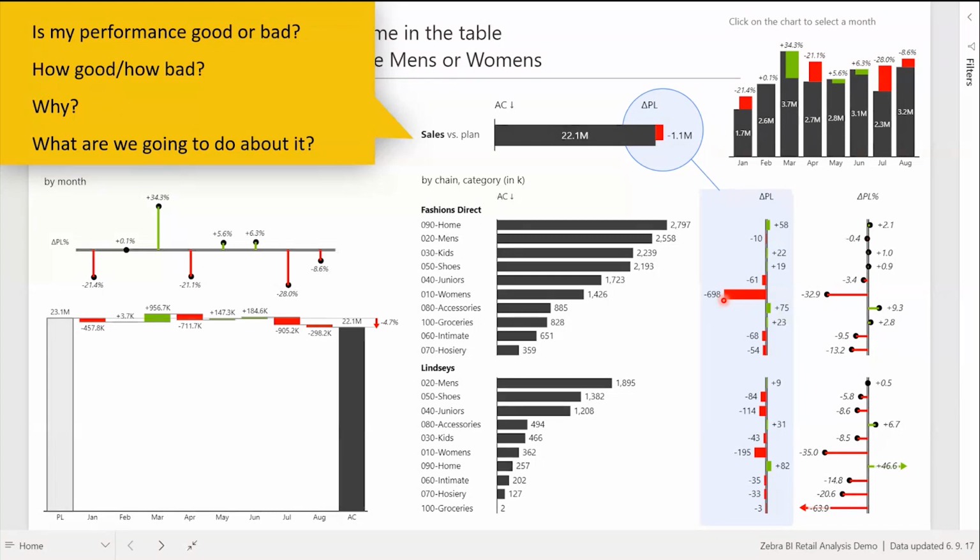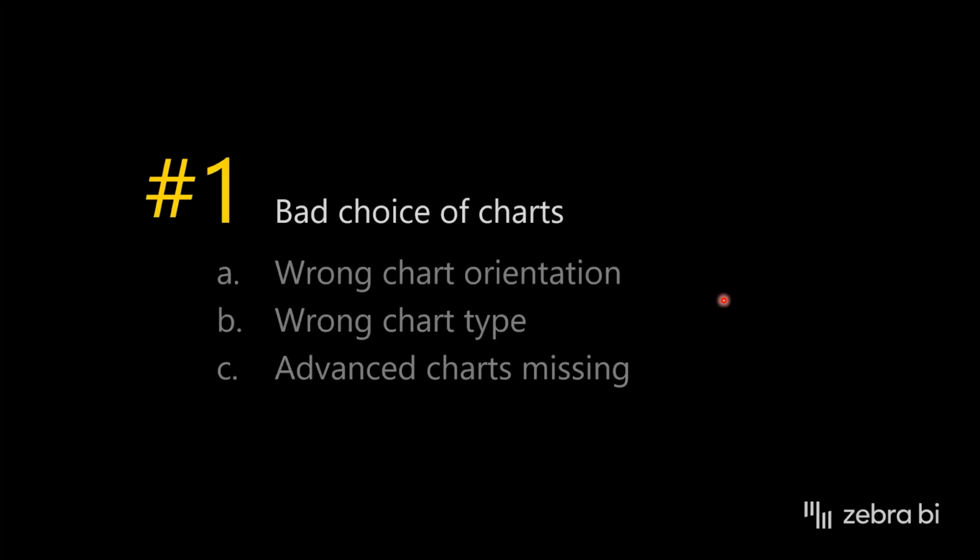So this is how I believe the dashboards can become understandable and actionable, right? Unfortunately, this is not the case in, I would say, most of the dashboards that I have seen in Power BI. So I selected seven points where I feel the situation is not very good.